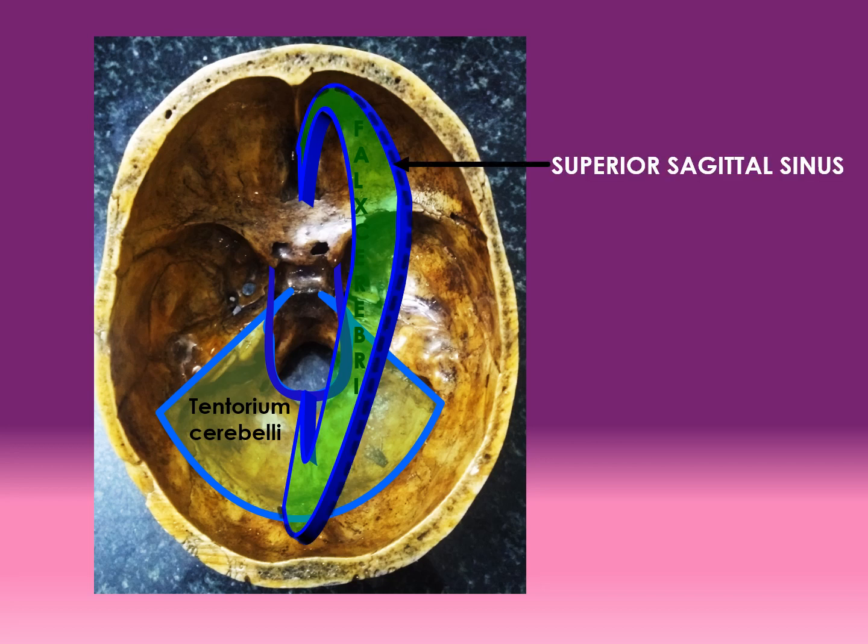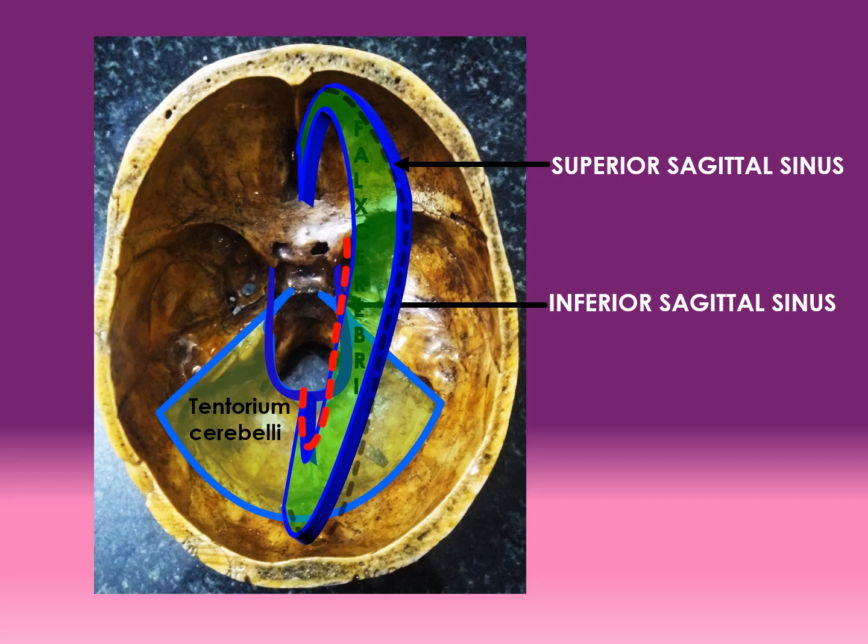Here we see two dural folds, namely the falx cerebri and the tentorium cerebelli. At the upper attached margin of the falx cerebri, we have the superior sagittal sinus. This superior sagittal sinus lies in the superior sagittal sulcus and it is between the endosteal and the meningeal layers of dura mater.